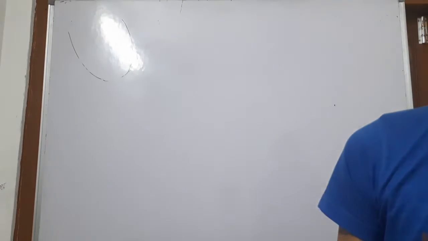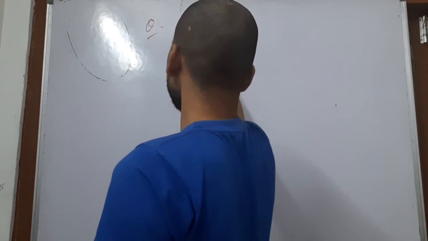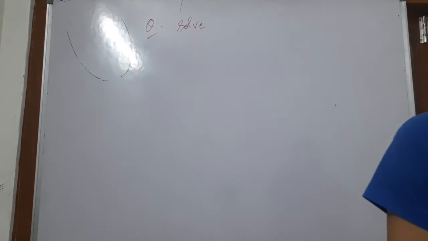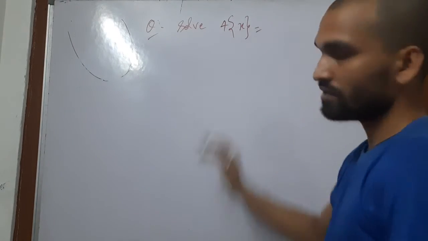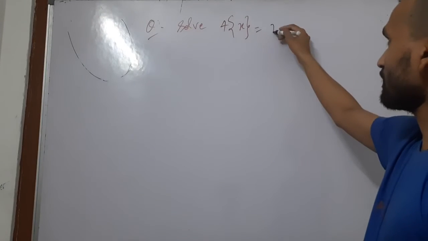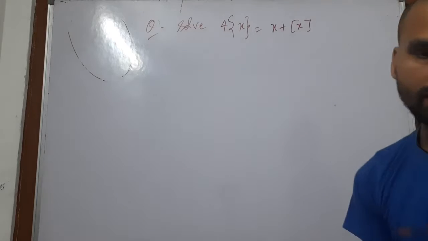Students, one question is: solve for 4 times fractional part x is equal to x plus greatest integer x.